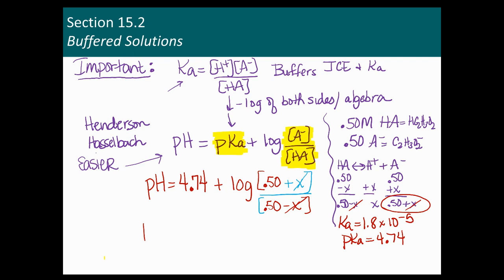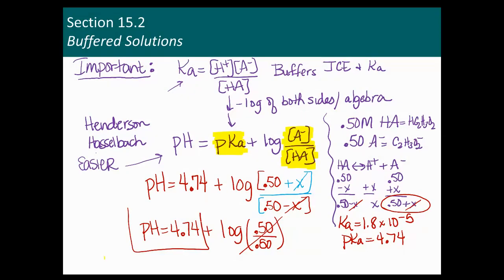And then to really show you what this means, this just simplifies to this. And notice what happens there. This cancels out, and the log of 1 essentially is 0.